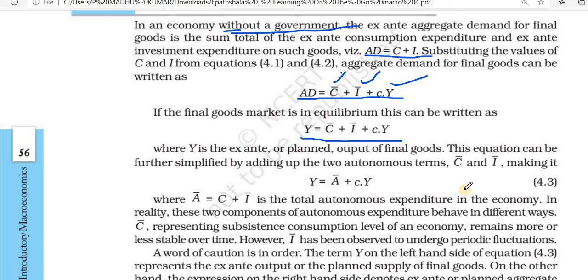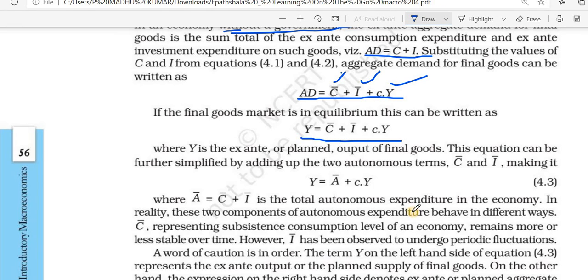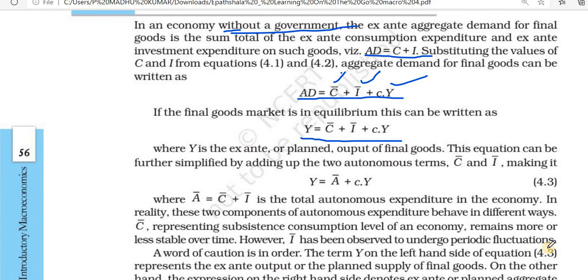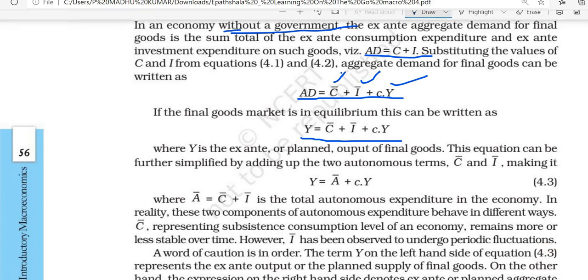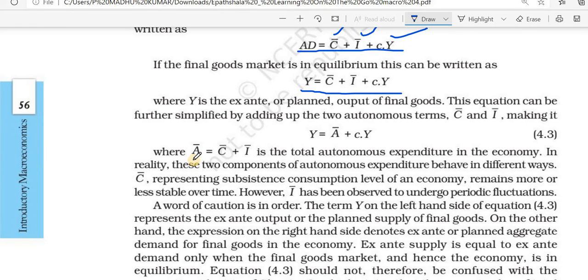In reality, these two components of autonomous expenditure behave in different ways, representing the consumption level of the economy. Autonomous investment has been observed to undergo periodic fluctuations.